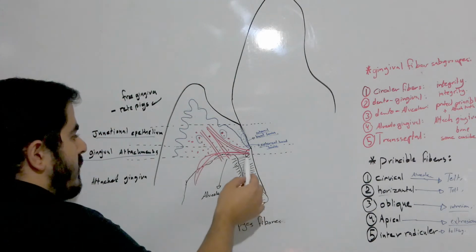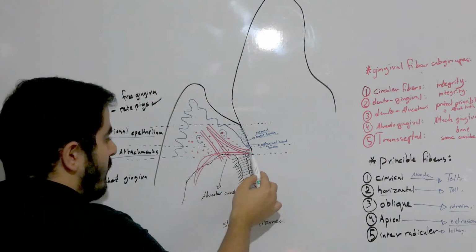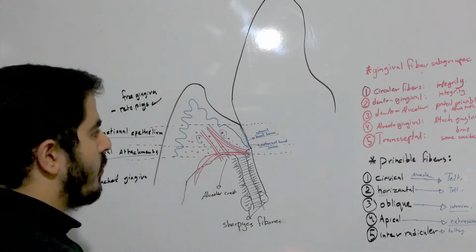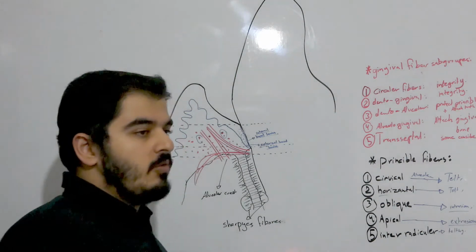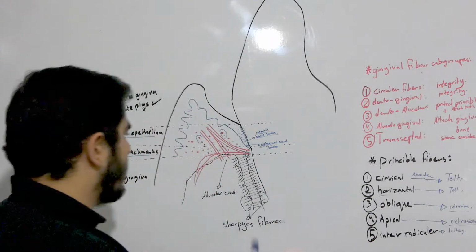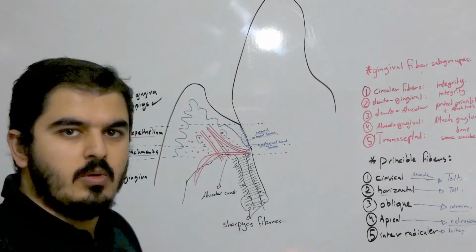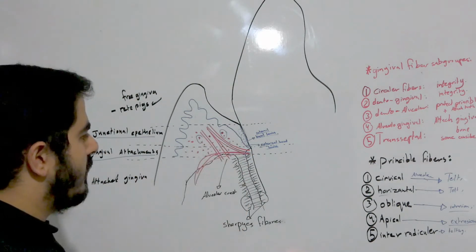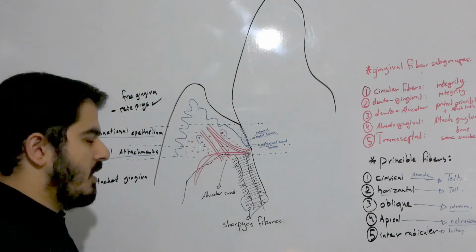The fourth subgroup is these fibers here that originate from the cementum and attach into the periosteal layer of the bone, and these are called dentoperiosteal fibers. They are responsible to protect the principal fibers underneath them and help attach the tooth to the bone.